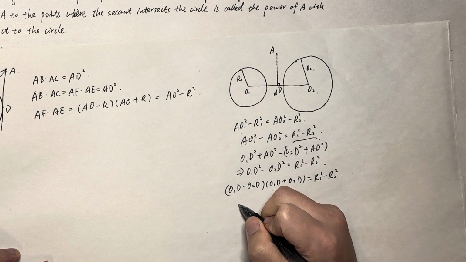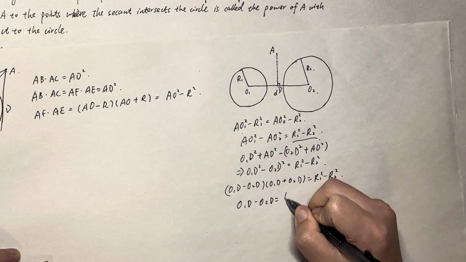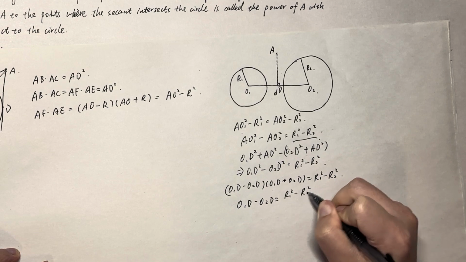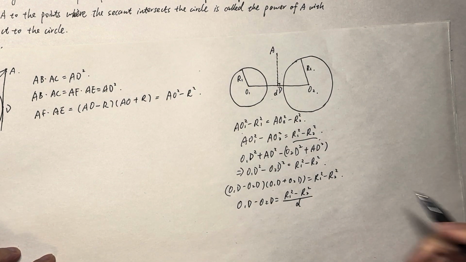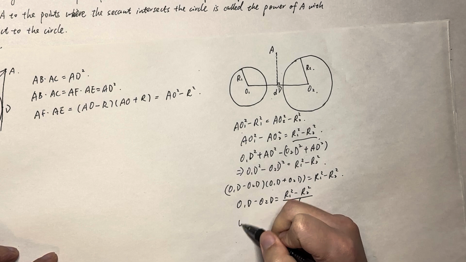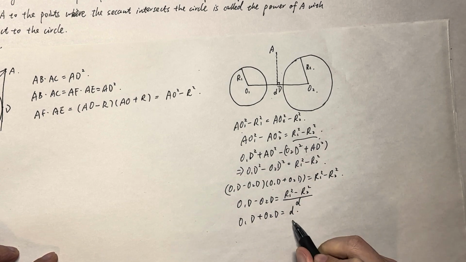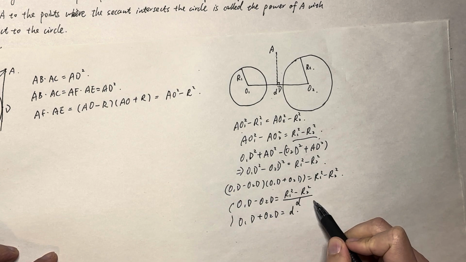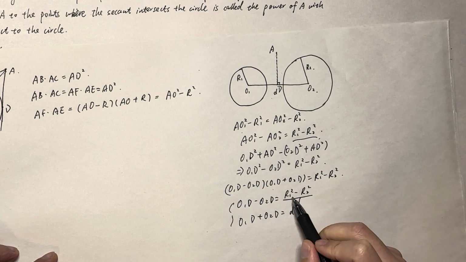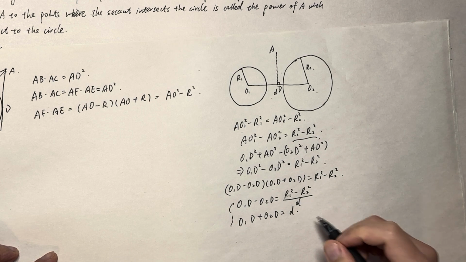So we got O1D minus O2D equals R1 squared minus R2 squared divided by d. Notice that R1 squared minus R2 squared divided by d is still constant, right?